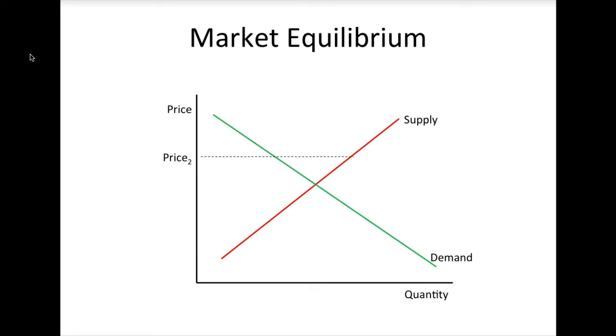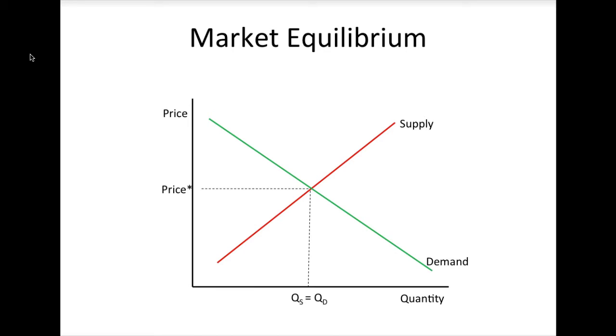Similarly, at this second price, quantity supplied is greater than quantity demanded. At this price, not all suppliers will be able to sell their product. Some of them will have an incentive to mark down their prices, causing the market price to fall. Therefore, this price is not an equilibrium outcome either.